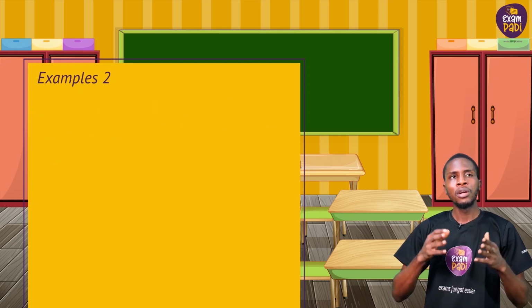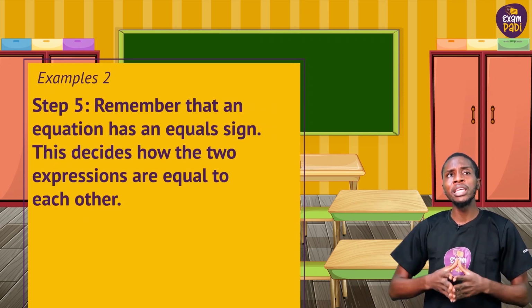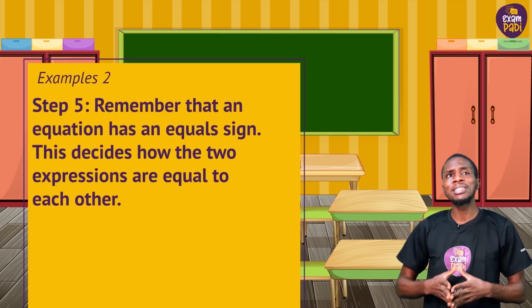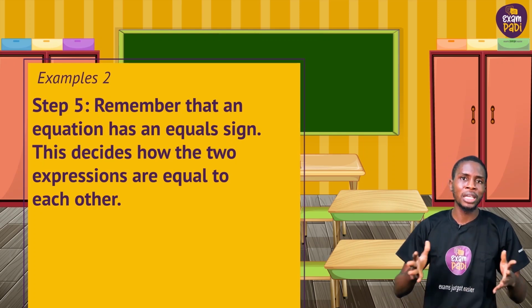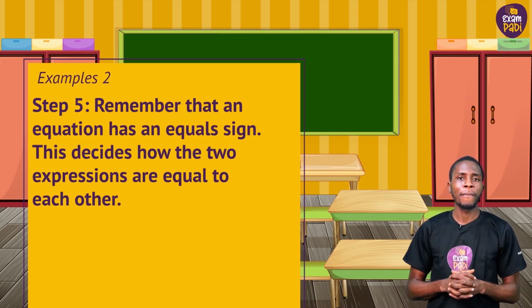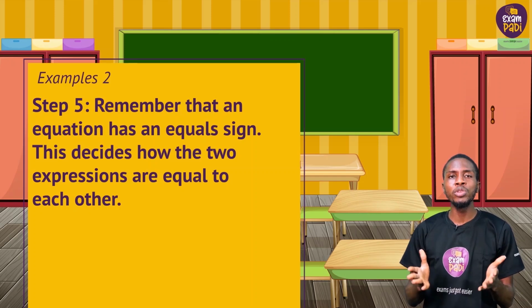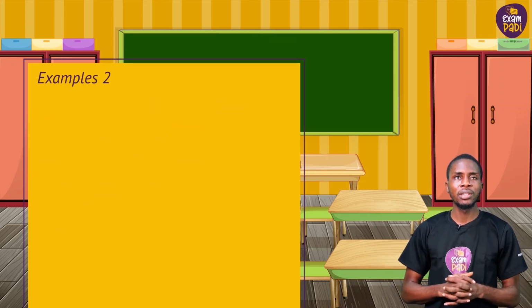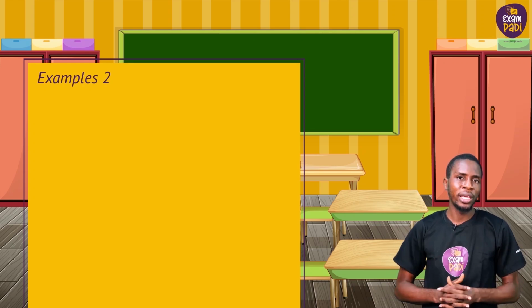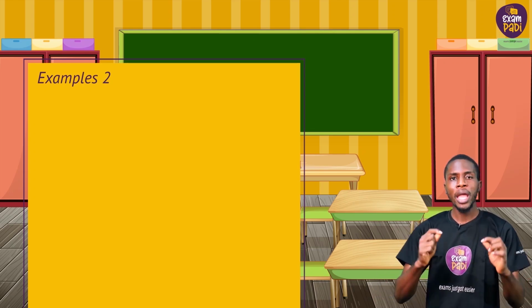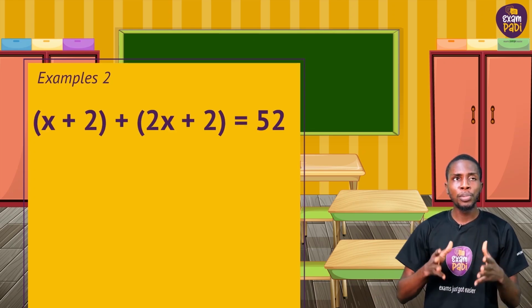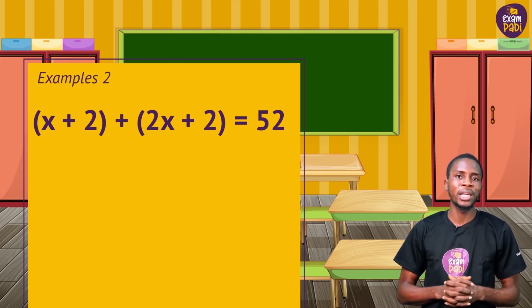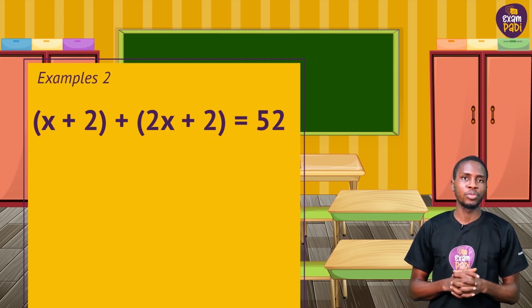Step 5. Remember that an equation has an equal sign. This decides how the two expressions are equal to each other. Their combined ages in 2 years equals 52. If we combine their ages, this means we add the ages. Therefore, (x plus 2) plus (2x plus 2) equals 52.